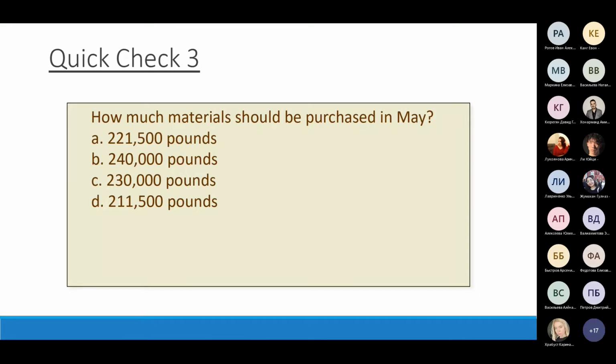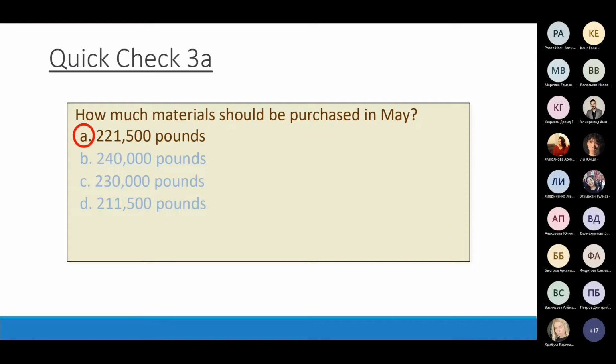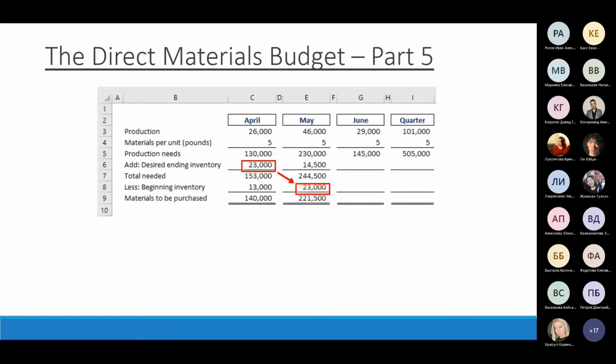I think it's clear that if we use all these calculations, it's equal to 221,500 pounds, because we use the information about the required production in these months, materials per unit that are planned to be used, desired ending inventory, and beginning inventory of the prior period.